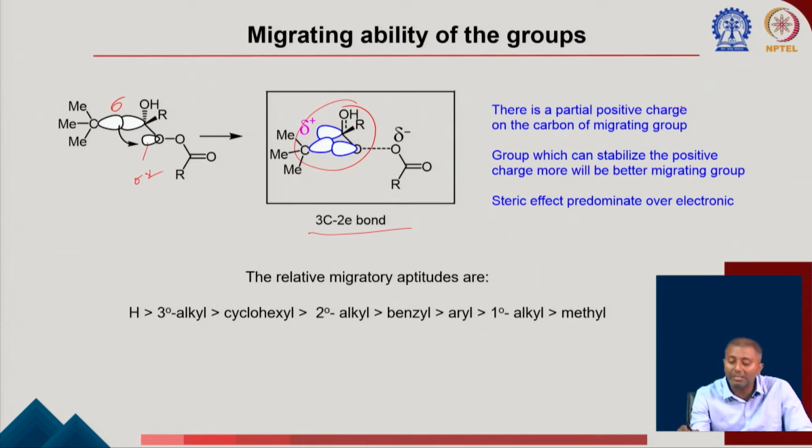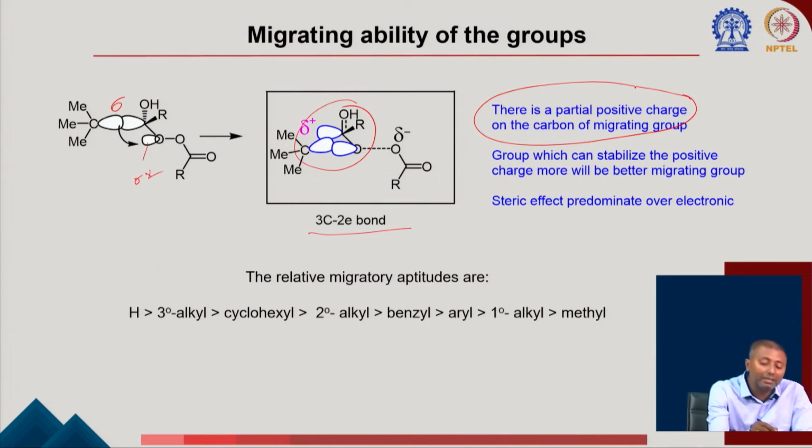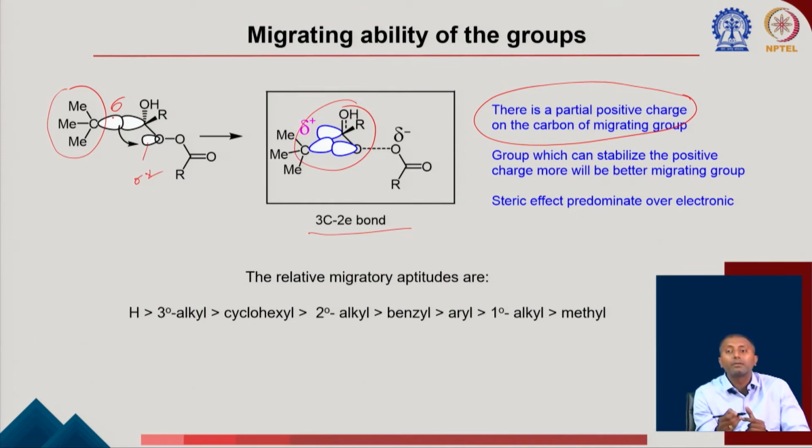So there is a partial positive charge on the carbon which is migrating. I put here this tert-butyl group. If the tert-butyl group is migrating, there is a bond breaking happening when this group is getting migrated, so this is going to carry a delta positive charge. That means whichever group can stabilize the delta positive charge more can have a higher migrating aptitude.